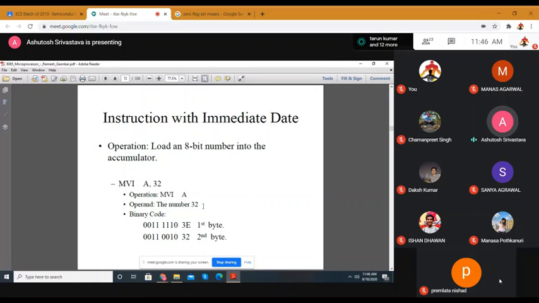The other one is the number itself. What is this representing? This is representing the binary equivalence of the operation move immediate into accumulator.